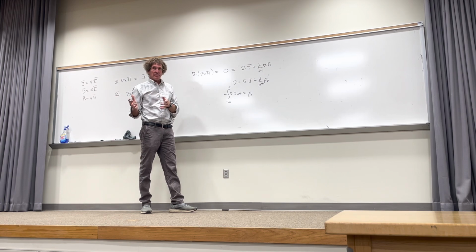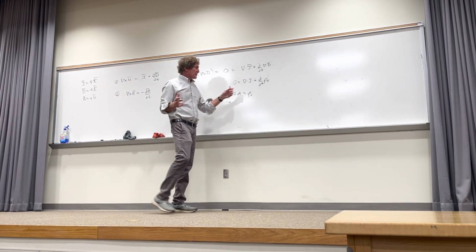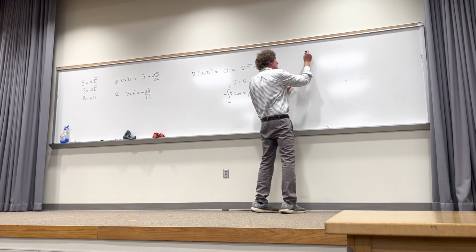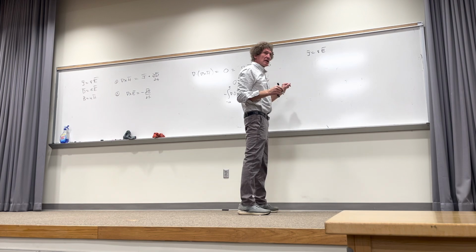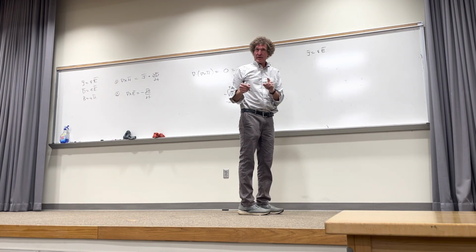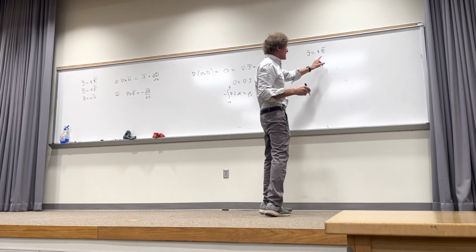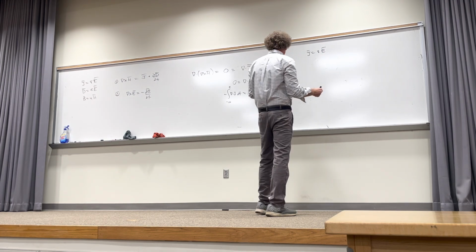There's one other thing that happens. If I replace J with sigma E, and then if you take a look at this, let me go ahead and do it one at a time.